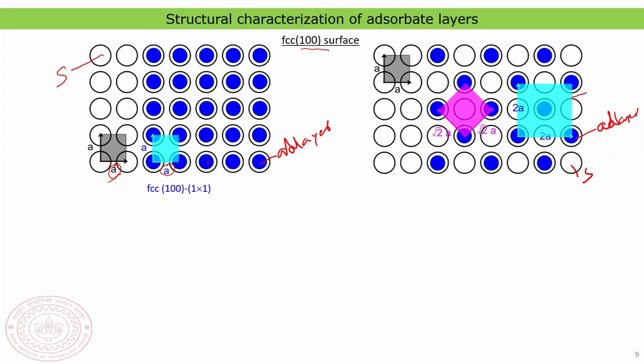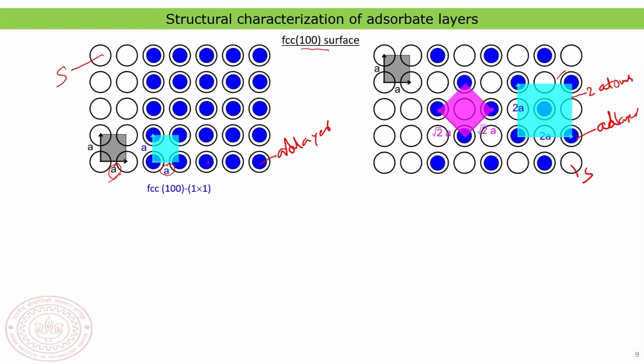The blue cell has two atoms in it, so it is not a primitive unit cell, whereas this one is a primitive unit cell with one atom. But you can represent the surface using either of these, and you can generate the adlayer using any of these unit cells.